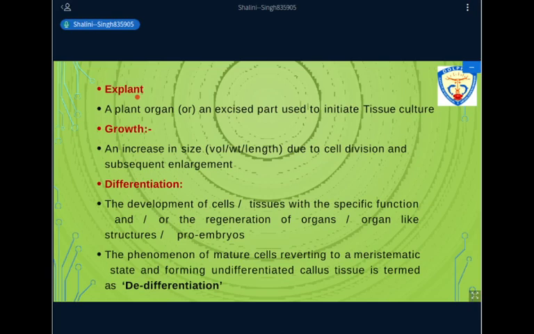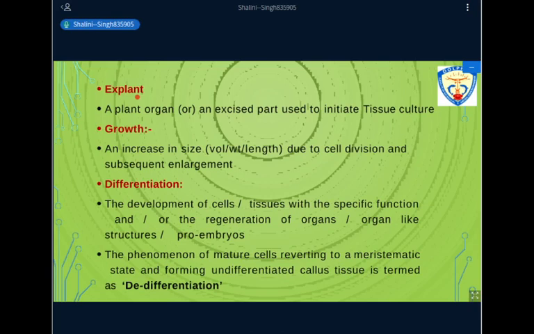In vitro conditions means artificial conditions which we are providing in the lab. And here any plant part means the material which you are taking from an ideally selected plant which is growing in your field to make a complete plant in the lab.